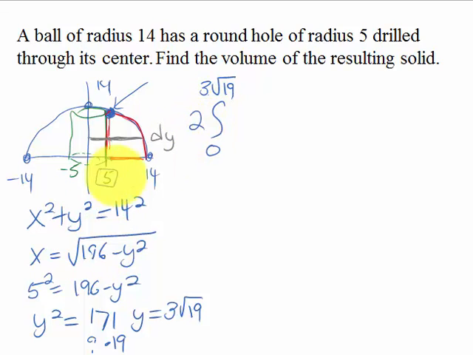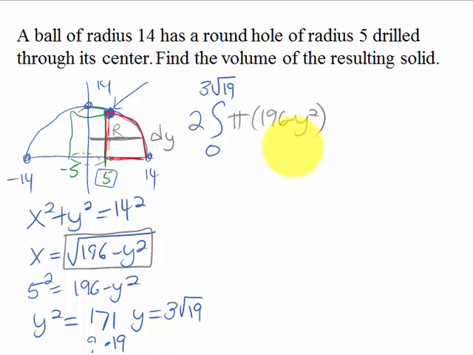Now I'm going to double it because I want the lower half of this as well. So I'm going to go pi big R, which is all of this, squared. So let's do that. That's going to be pi. This is the x value here, and we found out what that was, and I'm going to square it, so it's going to be 196 minus y squared. Squaring will get rid of the square root.